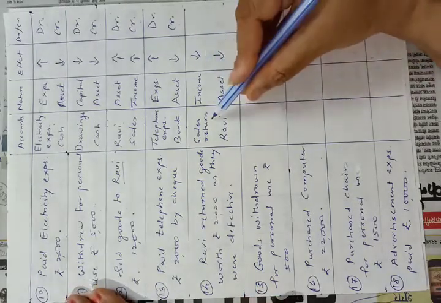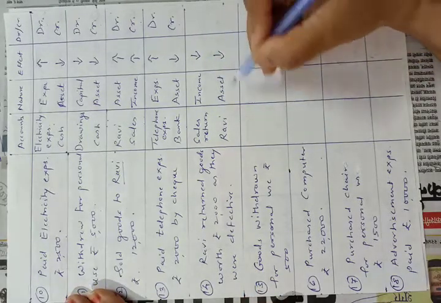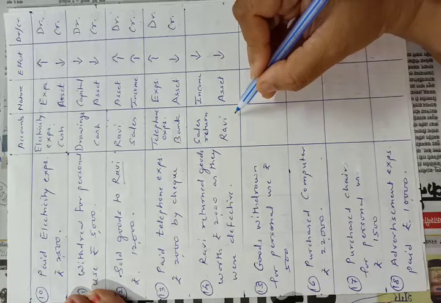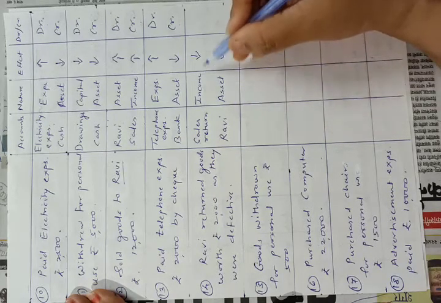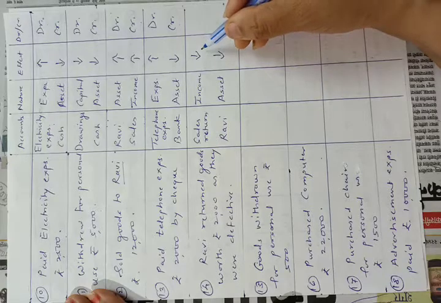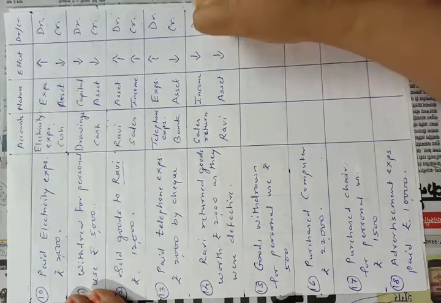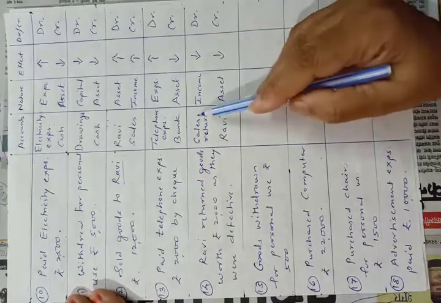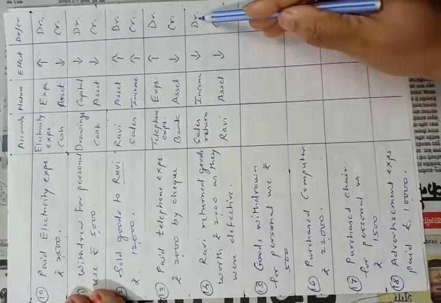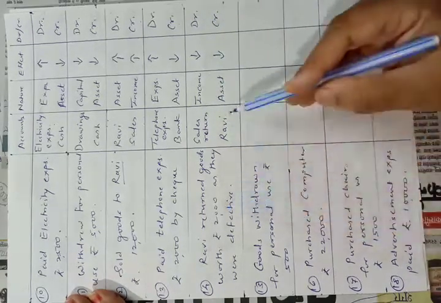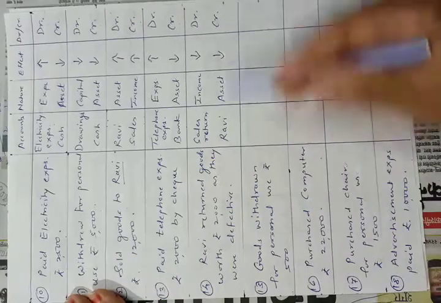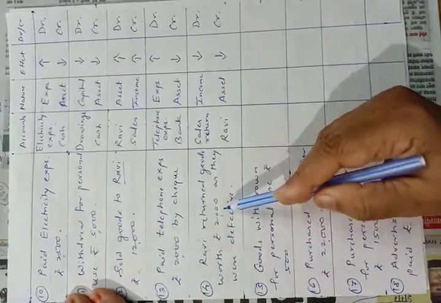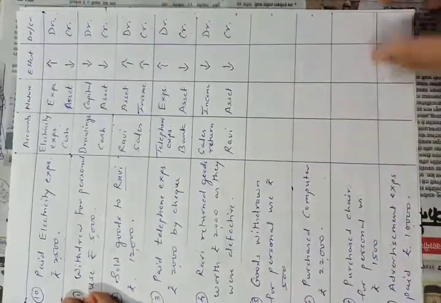Second rule for sales return account and first rule for asset, that is Ravi's account. As there will be decrease in income, account should be debited and if there is decrease in asset, account will be credited. So in this transaction, sales return account will be debited by rupees 2,000 and Ravi's account will be credited by rupees 2,000. Now the next transaction.